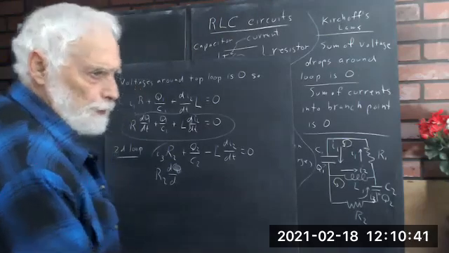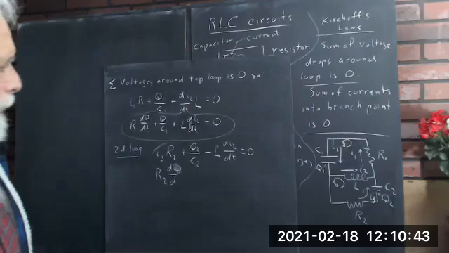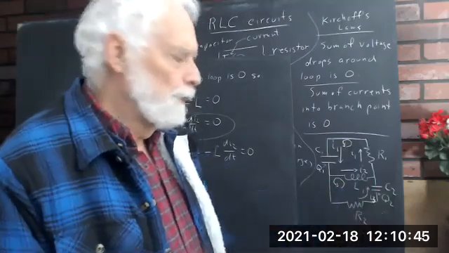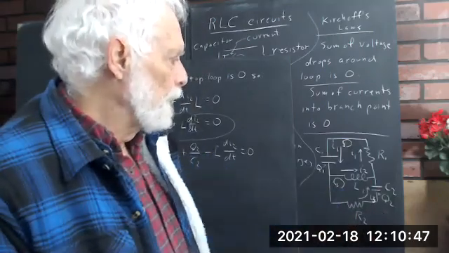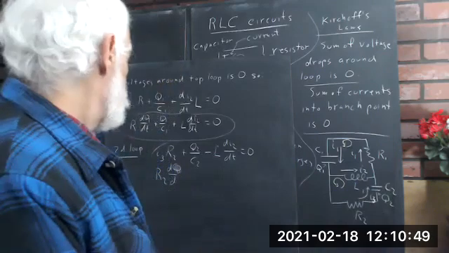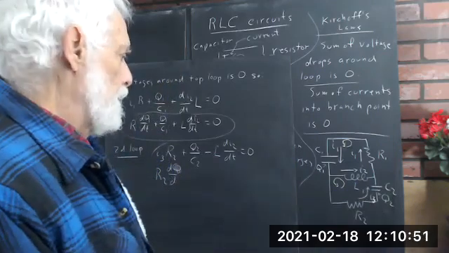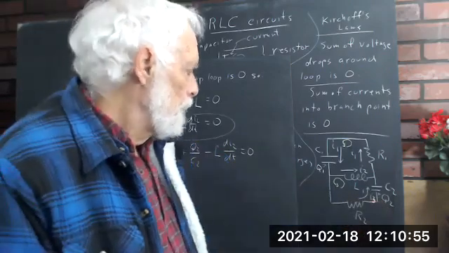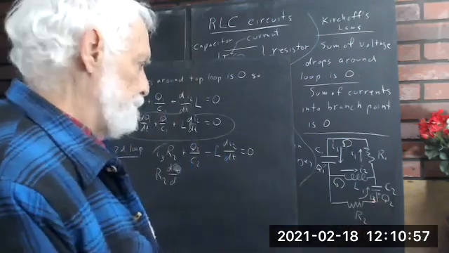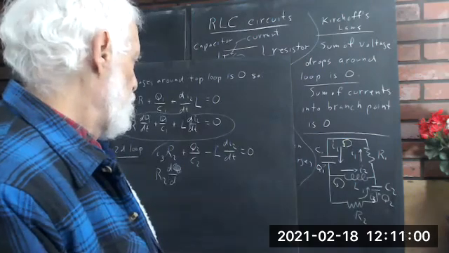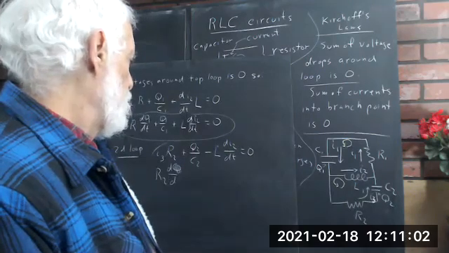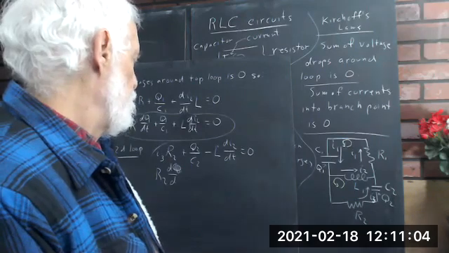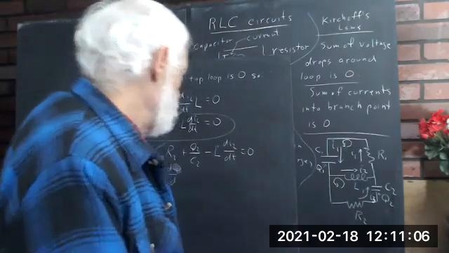Now I've got a notation problem again. I want to call this C2 and Q2. I'm calling this R2. That's okay, but I can't really call this Q2. Well, yeah, I can.